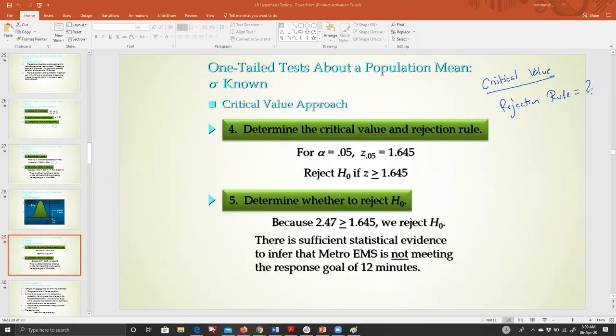Now you are comparing 2 points on the real number line, so the rules are very simple. If both of them are on the positive side, and z mu s is greater than z alpha, then reject H naught. That happens to be true here, because z of mu s is 2.47, which is greater than z of alpha, which is 1.645. Because 2.47 is greater than 1.645, we can say there is sufficient statistical evidence to infer that Metro EMS is not meeting the response goal of 12 minutes.